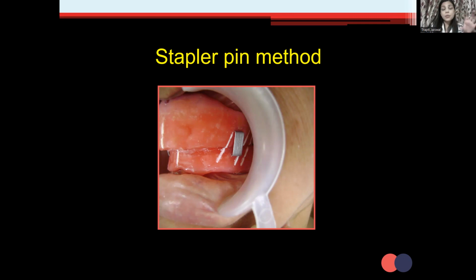But the problem with this method is the pressure which we are exerting can create discrepancies in the records and the relations. With the pressure, we cannot maintain the predetermined vertical dimension, because the patient can exert more pressure, and this can affect the centric relation record also.